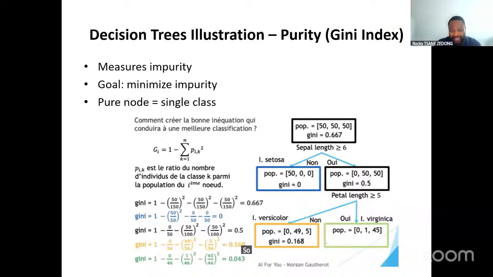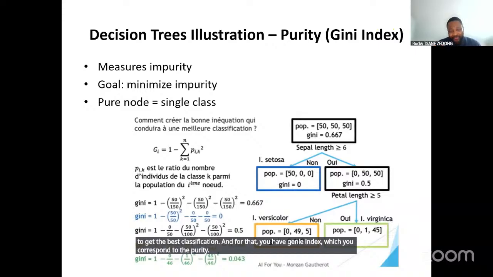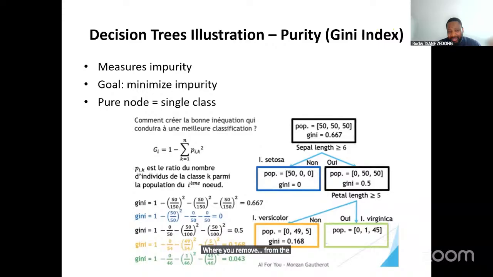The way is to find the good inequation to get the best classification. And for that, you have the Gini index, which corresponds to the purity, where you remove from one the sum of all the probabilities we had before.